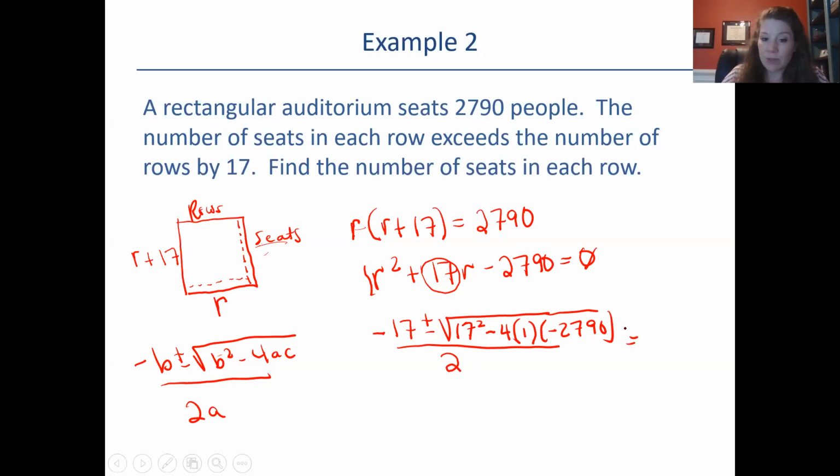I'm going to plug in what's under the radical first: 17 squared minus 4 times 1 times negative 2,790, and I got 11,449.